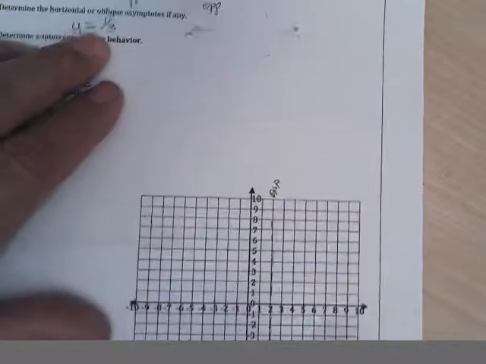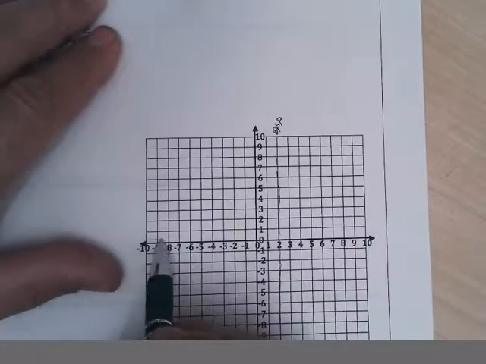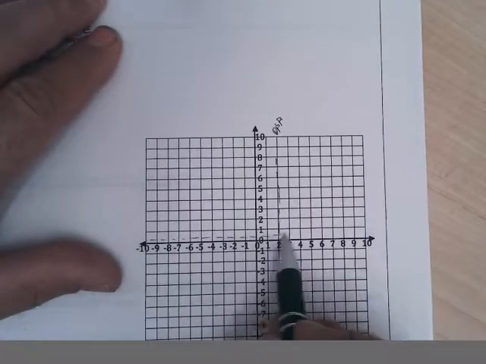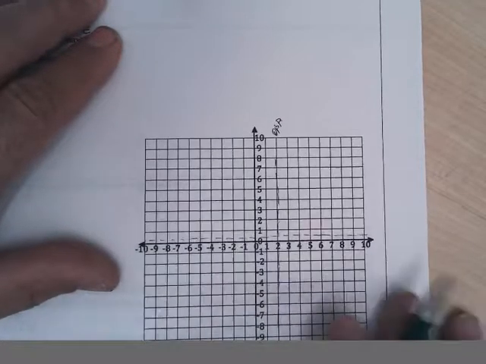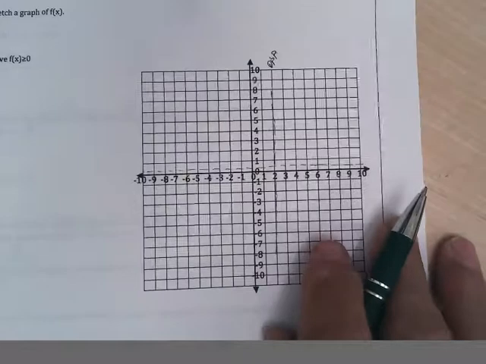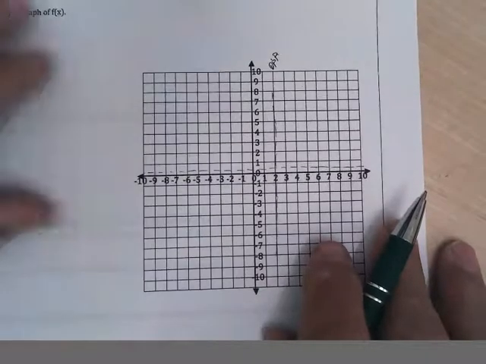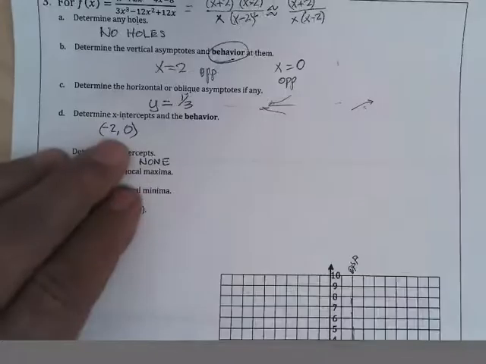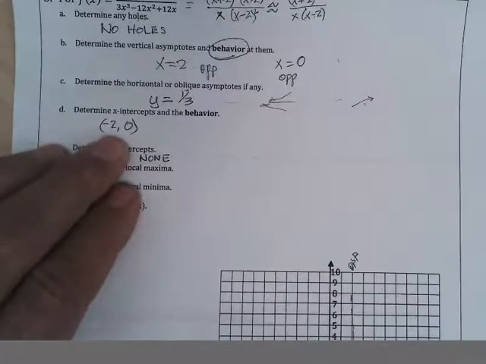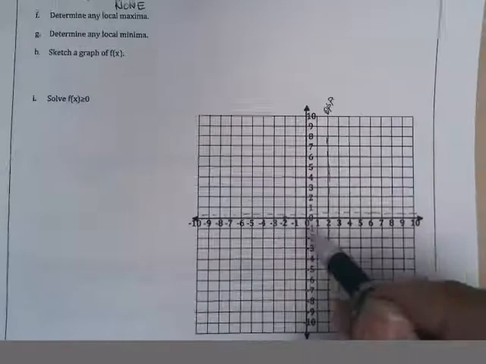And it has y equals 1/3 as a horizontal asymptote. And then it goes through the x-intercept of -2, 0. And it does not hit the y-axis.